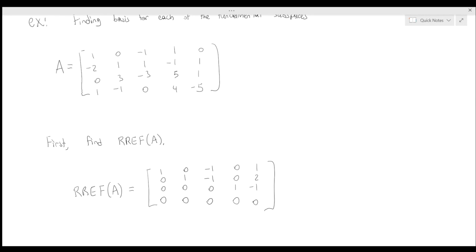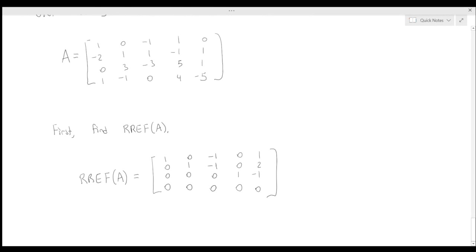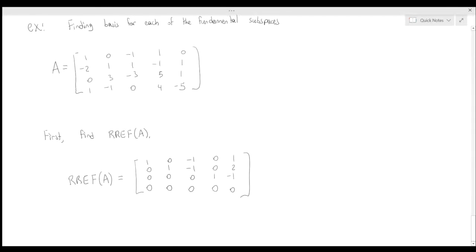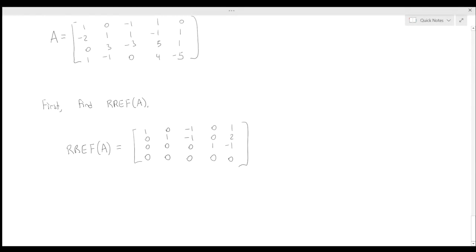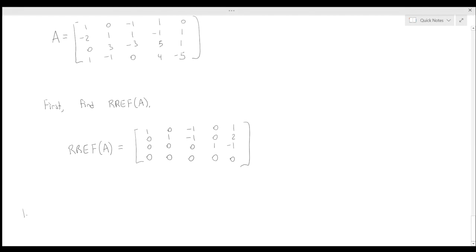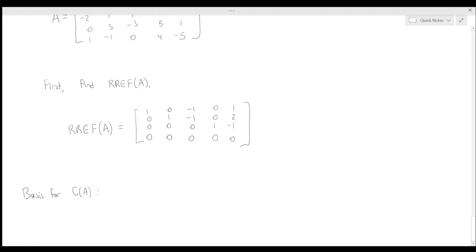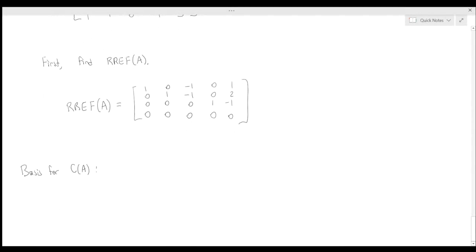All right. Once we get it into the reduced row echelon form, we can immediately get a basis for the column space and the row space. So we'll do that. So first, let's look at the column space. So here's how you get a basis for the column space of your matrix.